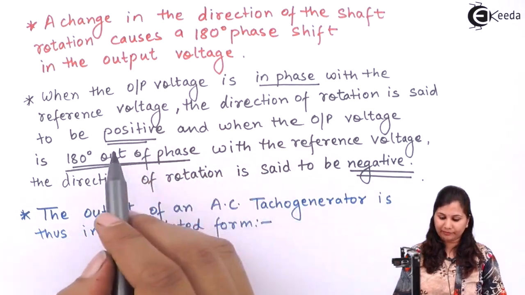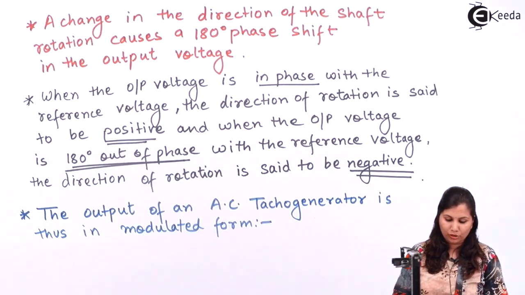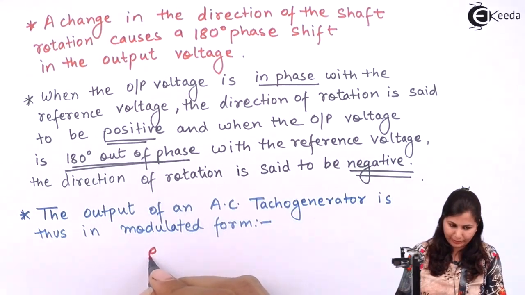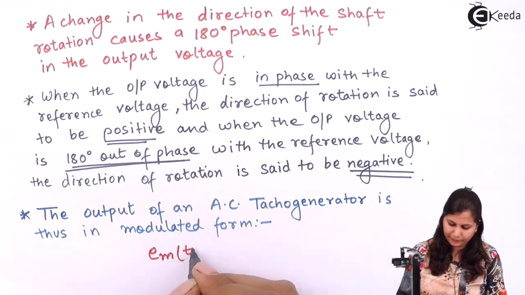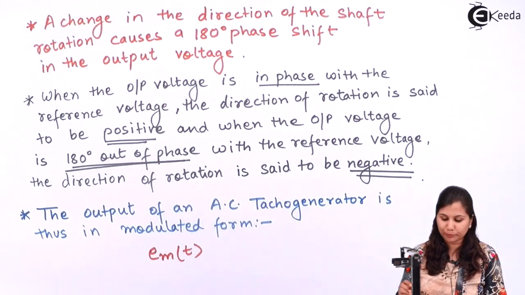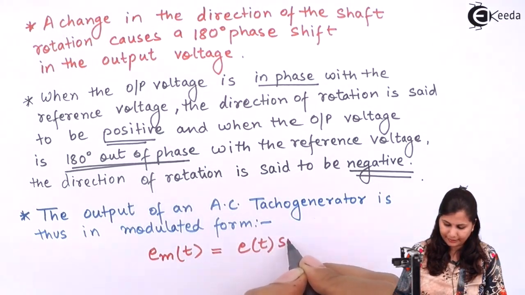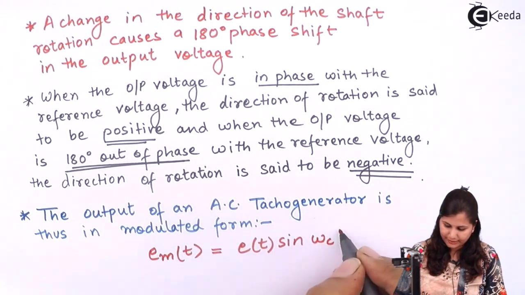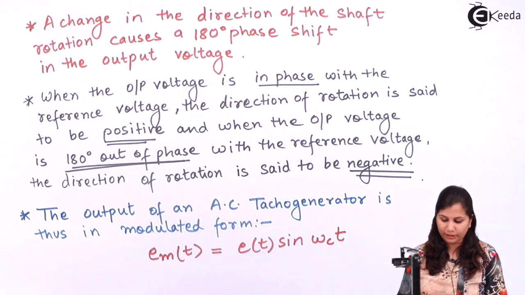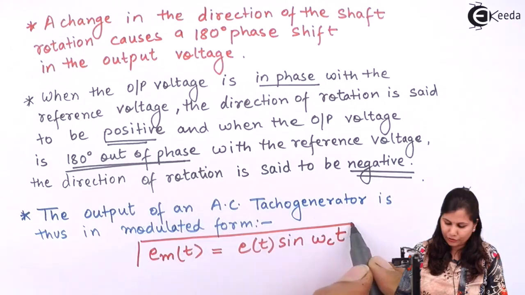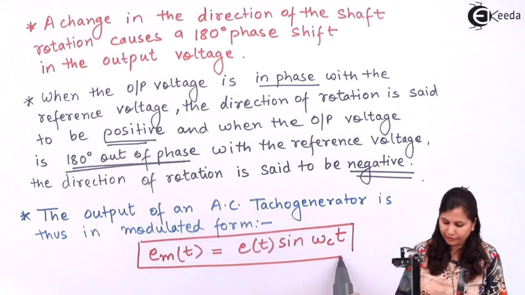Because every time we are changing its direction, the output will be in modulated form, given by the equation EMT, that is the modulated output voltage. It is equal to ET sine omega CT. So this is the output of an AC tacho generator given in a modulated form.